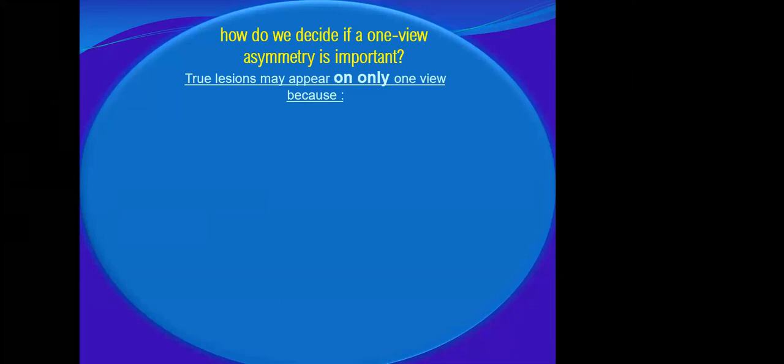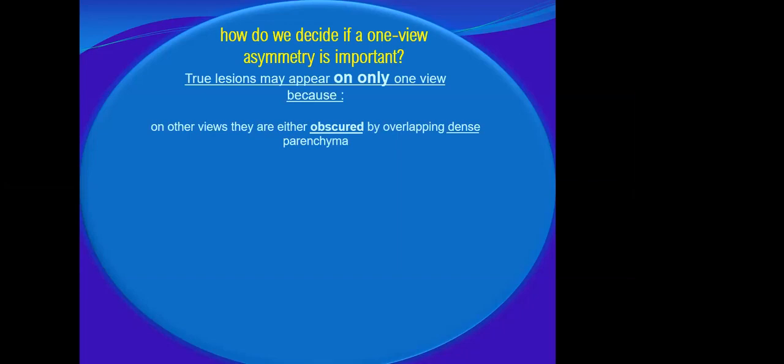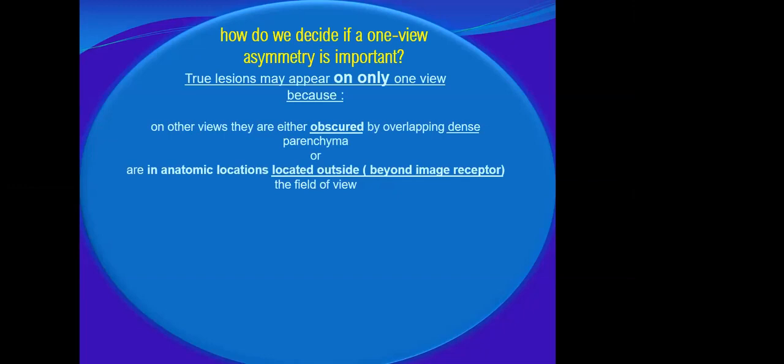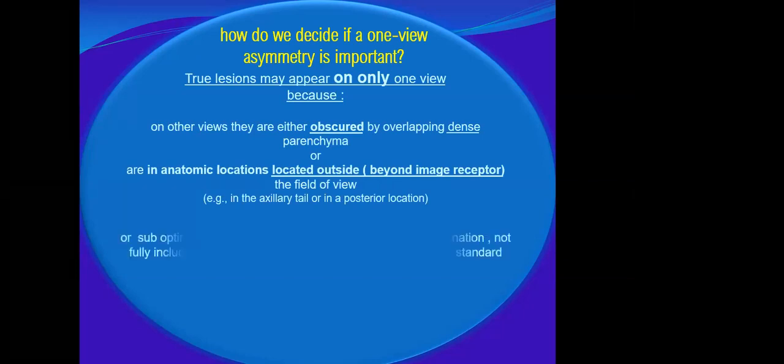We have to keep this in mind because on the other view, it is either obscured by overlying dense parenchyma, or located in an anatomic location outside or beyond the image receptor, beyond the field of view, like in the axillary tail, or in the posterior locations you might not see it on the CC view, or in the extreme posterior medial, not seen on MLO, or in the superior breast, not seen on the CC view.